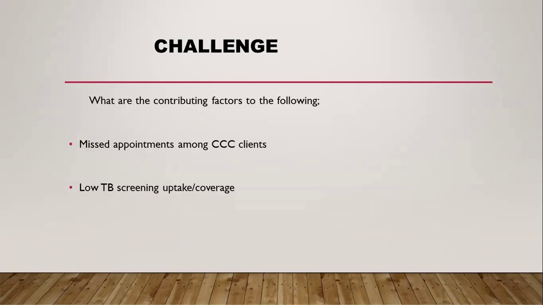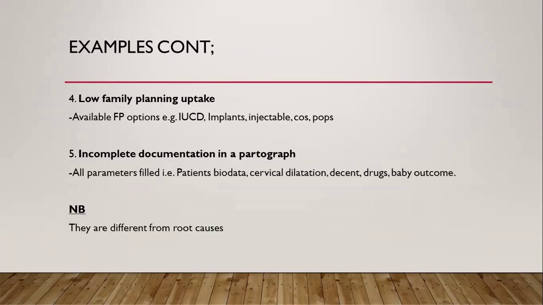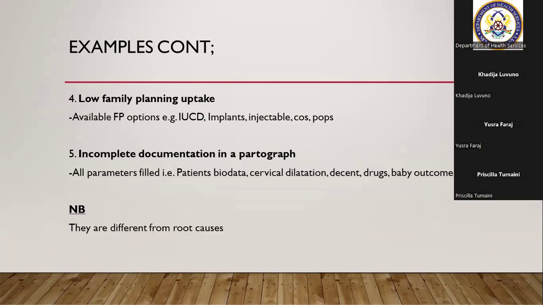Okay. Maybe we can go back just a little. For contributing factors, we said we are actually unpacking the contents. We are not looking at the reasons why these clients missed a CCC appointment. We are looking at the contents of who are supposed to come, the CCC clients.